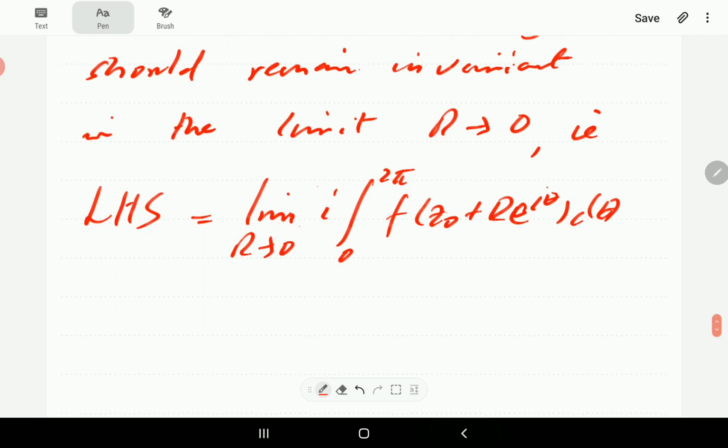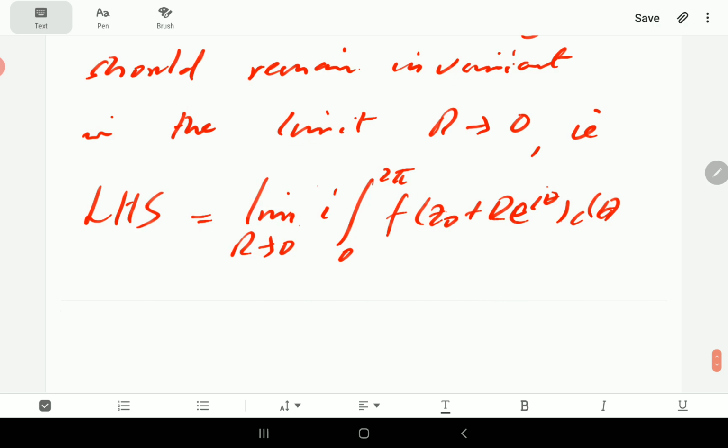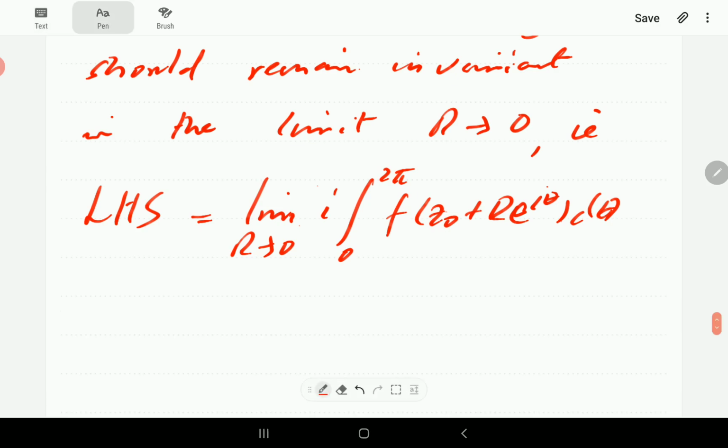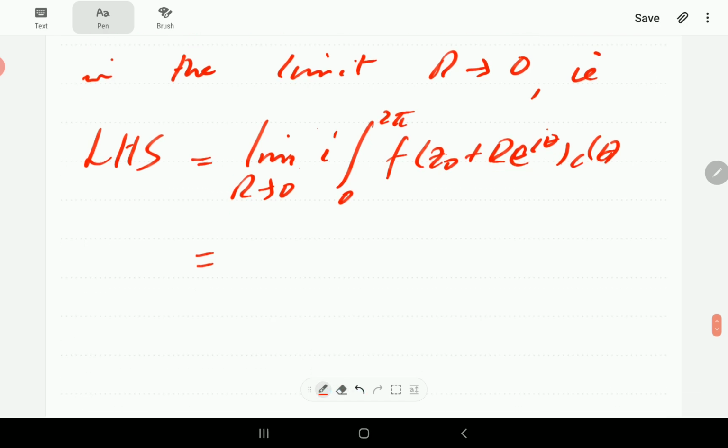When we take the limit as r goes to 0, this term disappears. So this is just the integral from 0 to 2 pi of f of z0 d theta.